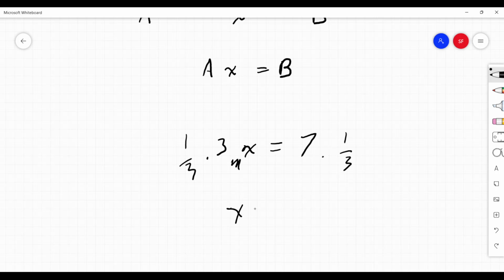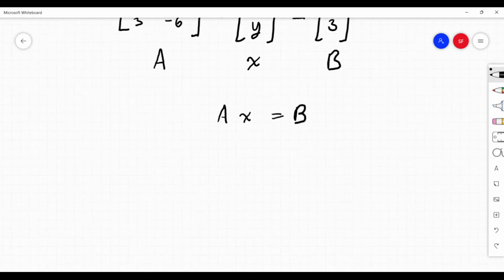If it was x plus 2 equals 8, we would use the additive inverse, so minus 2. So we use the inverse to get rid of it. We do the same thing up here. We can multiply both sides times the inverse of A to get rid of that, because then these two would cancel.